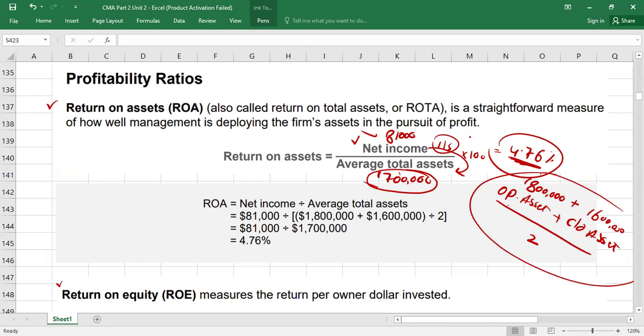Second, I can also interpret it this way. Each dollar invested in assets is leaving a net income for you of how much? 4.76% of $1. 4.76% of $1 will be what? Whatever you get when you convert 4.76% of $1.